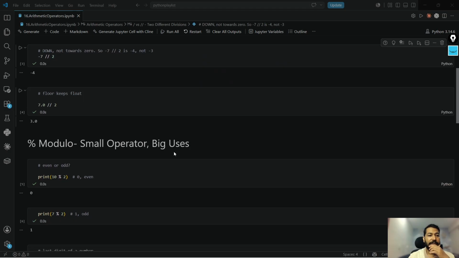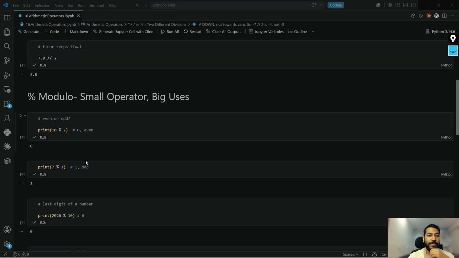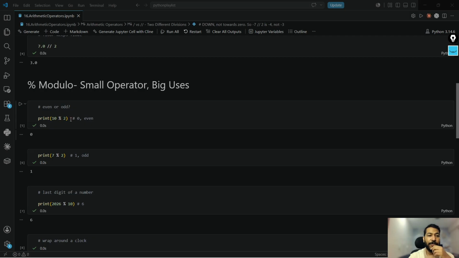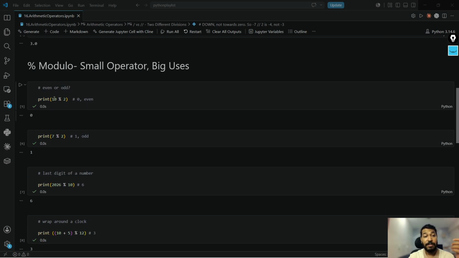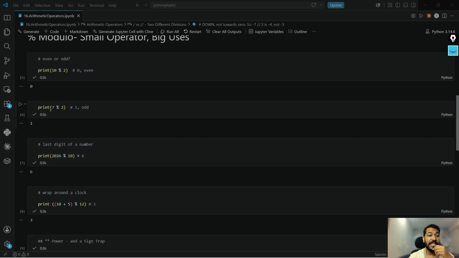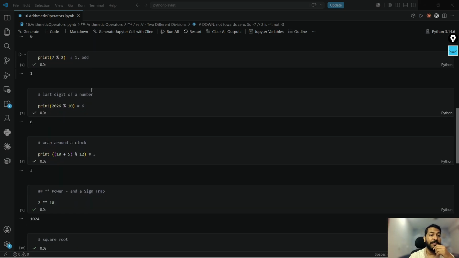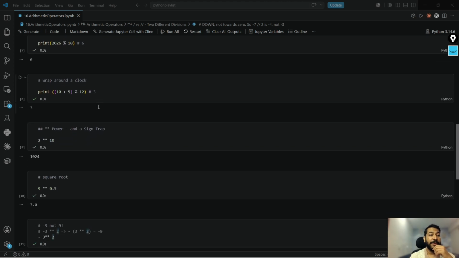All right. Then the modulo, it's nothing but a remainder operator. So 10 modulo 2, the remainder will be 0. 7 modulo 2 will be 1. Then we divide this big number by 10 with modulo, and the remainder will be 6. Then the wrap around the clock.